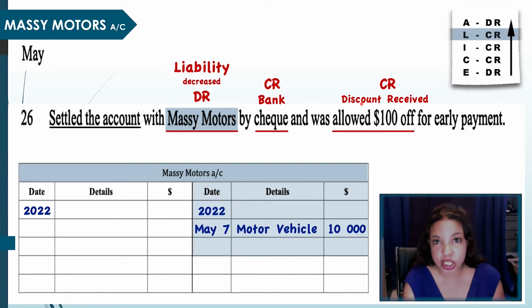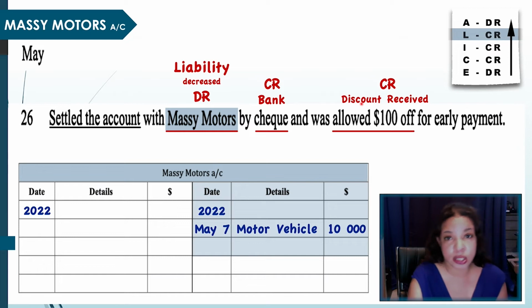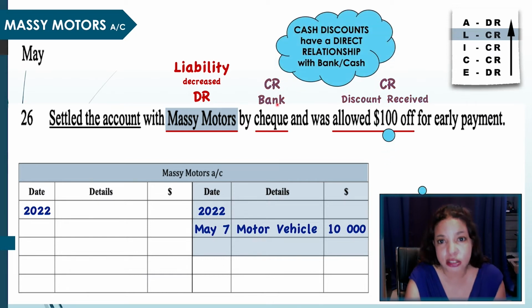Cash discounts, which means discounts allowed and discounts received, those that are given or received for early payment, have a direct relationship with bank or cash. Meaning that if we make a payment, which is a credit for the bank, the discount is also credited.